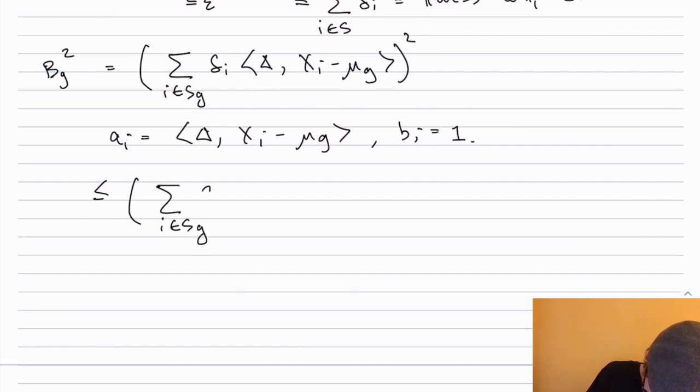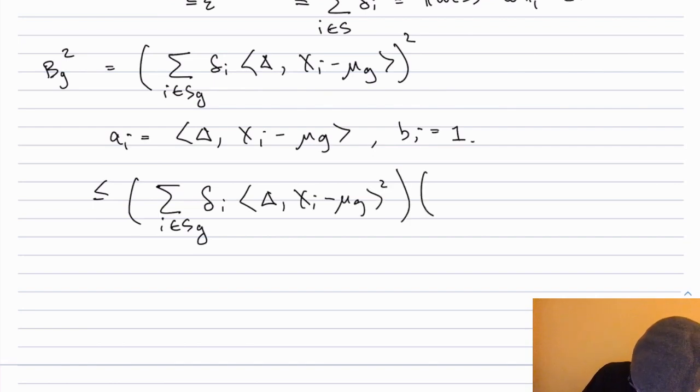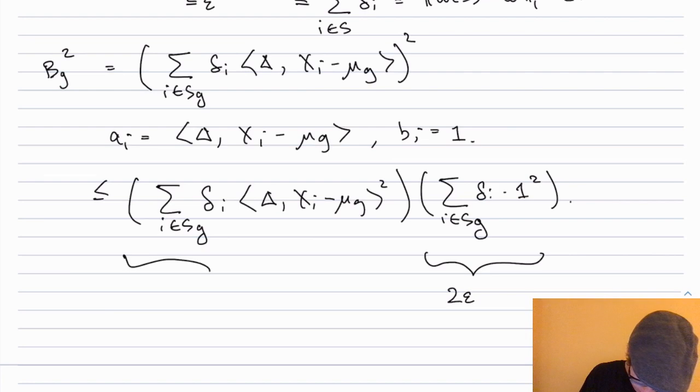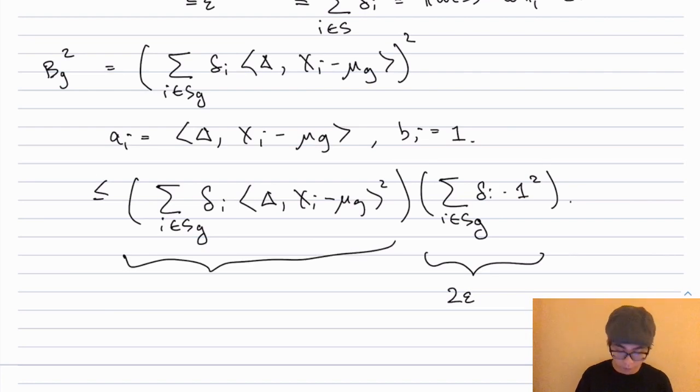The sum over I in S sub good of delta I times (delta inner product xi minus mu sub good) squared, times the sum over I in S sub good of delta I times 1 squared. Good, so we just argued that this is at most 2 times epsilon. And for this term we use a slightly lossy looking inequality.